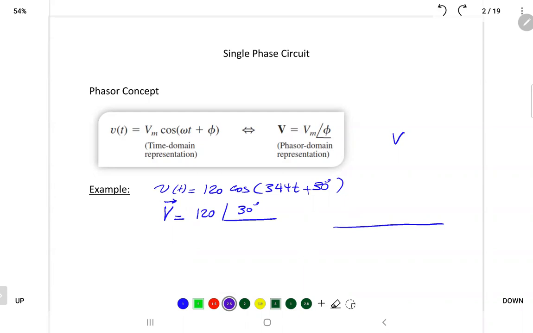It's not angle zero, it's 30 degrees, so we make a line shifted by 30 degrees ahead of the reference line zero. That should be the phasor diagram. And you can write it as V equal to V, and the length should be proportional to the magnitude. That's the phasor. Okay.